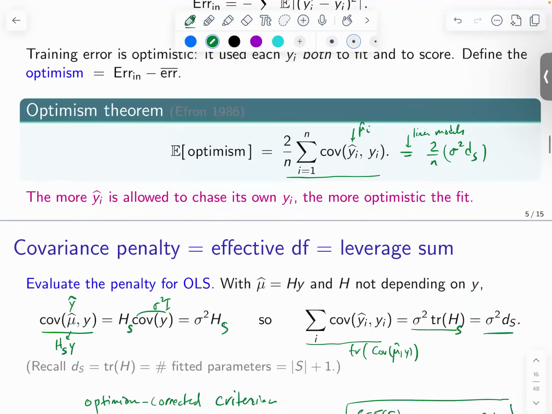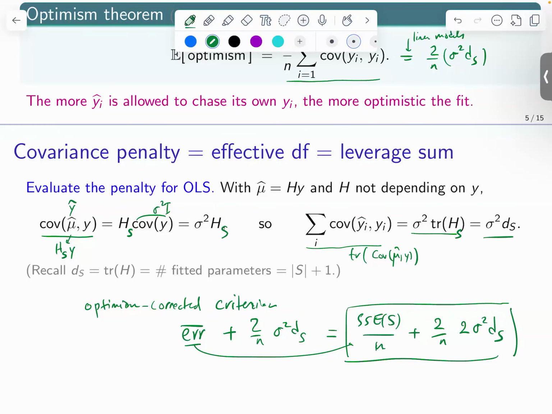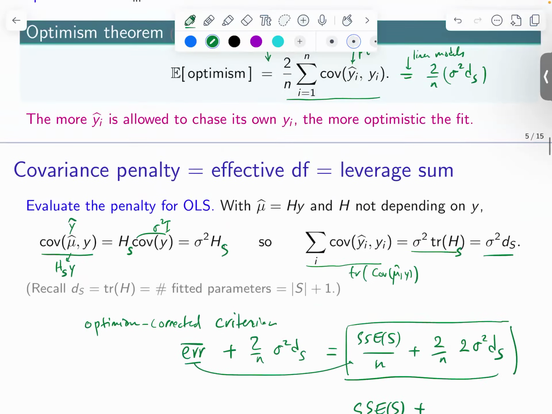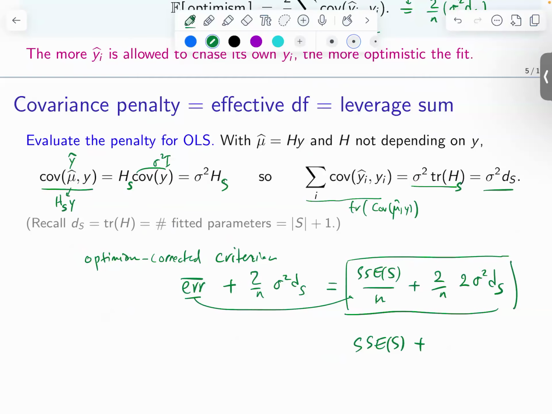You just have to argue for yourself that this is true. If I take the expectation of this, it would be the correct quantity. I could do this, or I could multiply by n as we have seen. That doesn't matter. Sorry, there's an extra 2 here. It should be 2 over n.